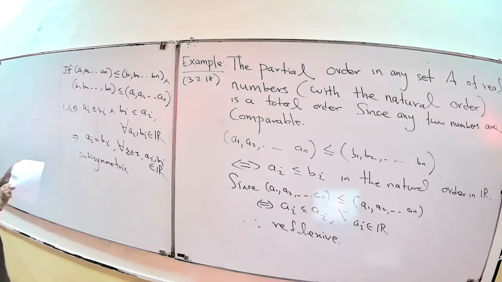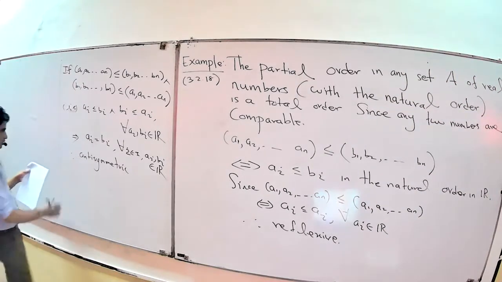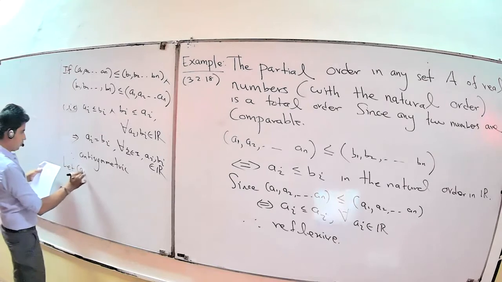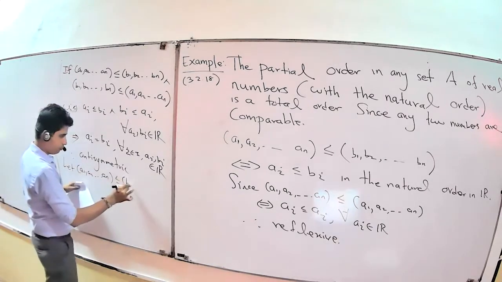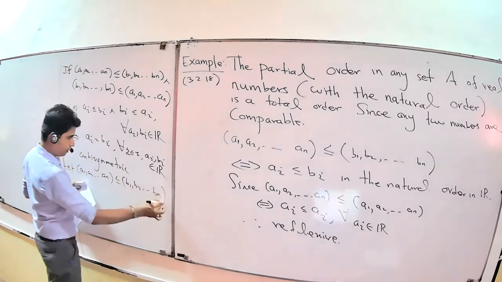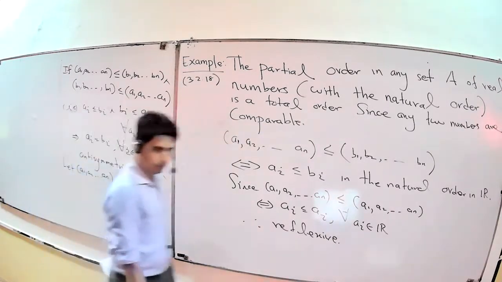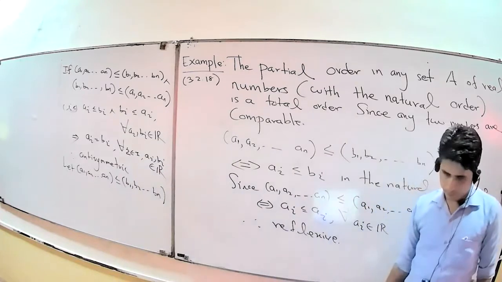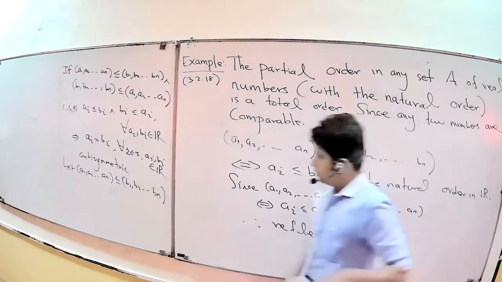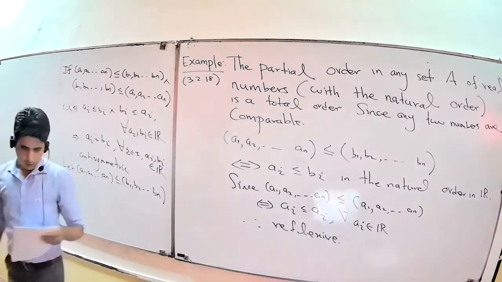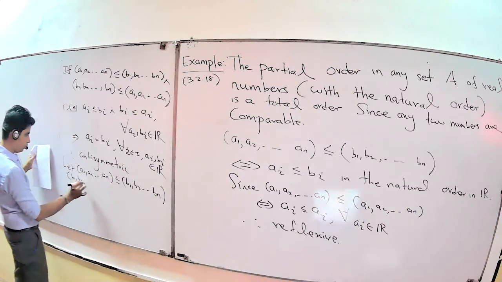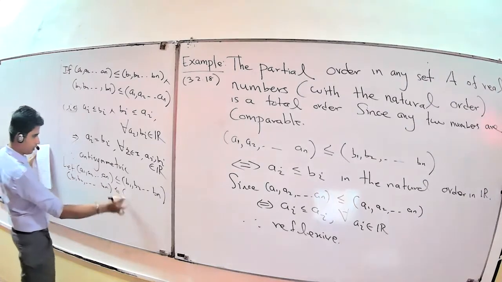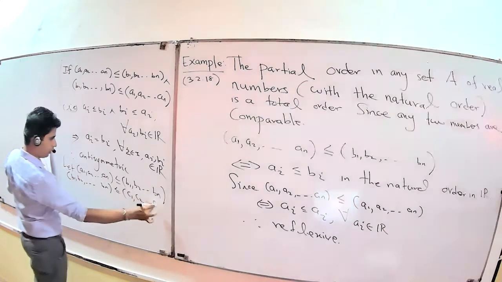Next, for transitive, same idea again. Let (a1, a2, ..., an) be less than or equal to (b1, b2, ..., bn), and (b1, b2, ..., bn) less than or equal to (c1, c2, ..., cn).